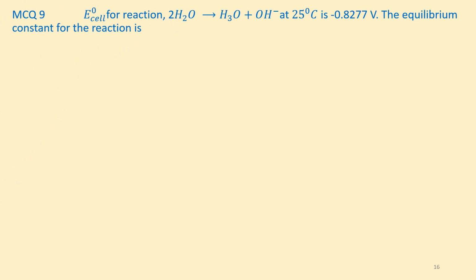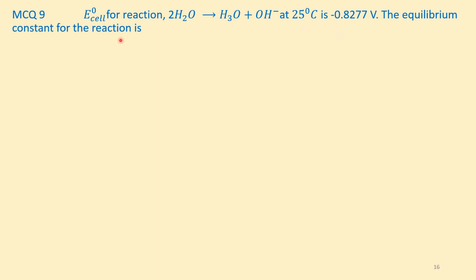Next question. E naught of cell for the reaction 2H2O forms H3O plus and OH minus at 25 degrees centigrade is minus 0.8277 volts.